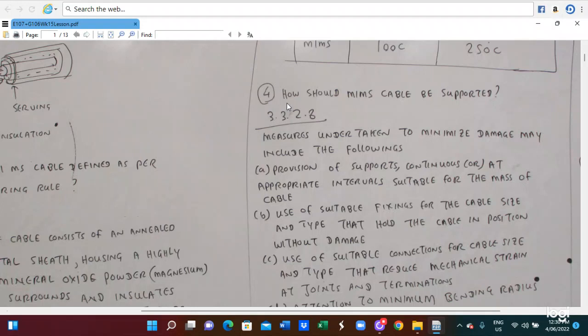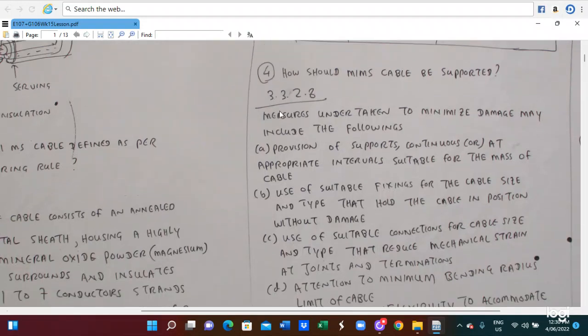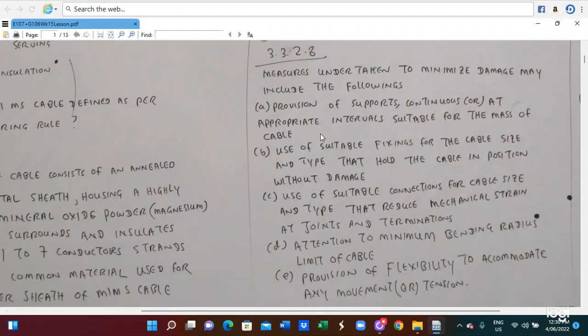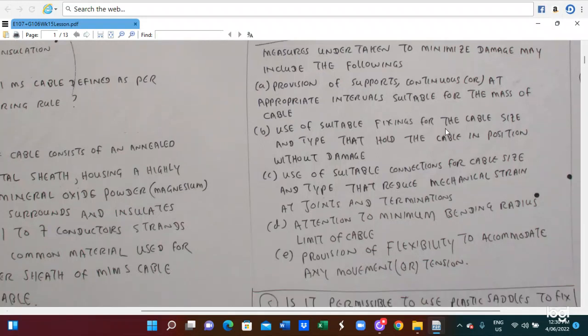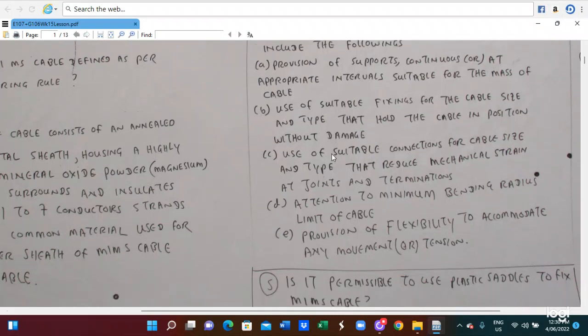How should the MIMS cable be supported? We follow 3.3.2.8, so measures undertaken to minimize the damage may include the following. Provision of support containers appropriate for the mass of the cable. Use of suitable fixings for the cable size and type that hold the cable in position without damage.